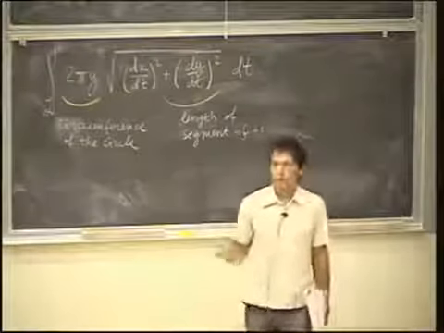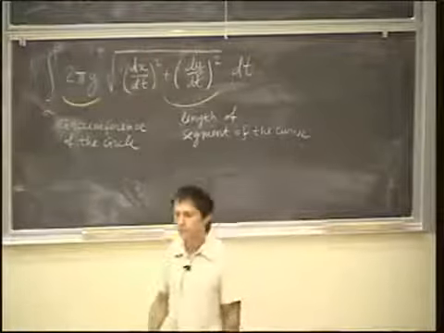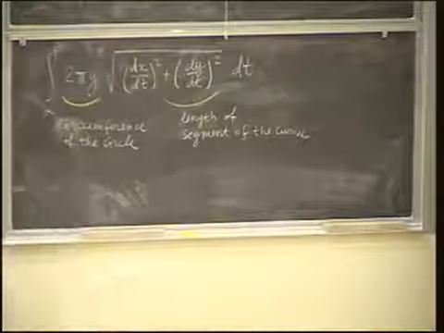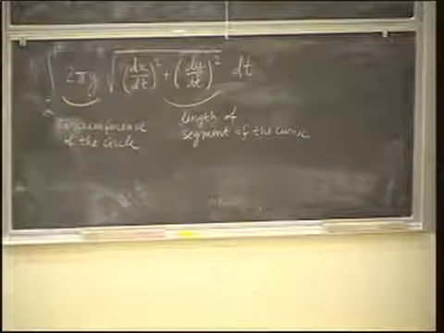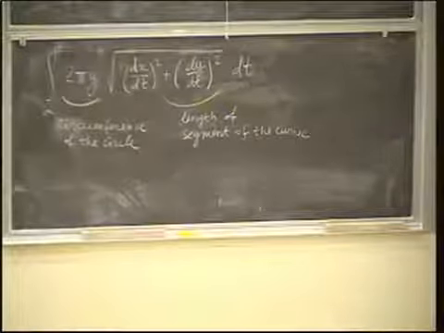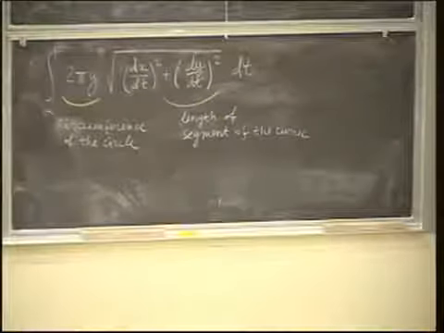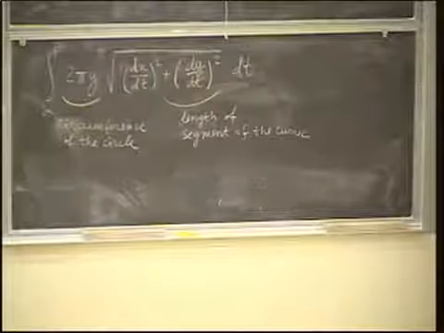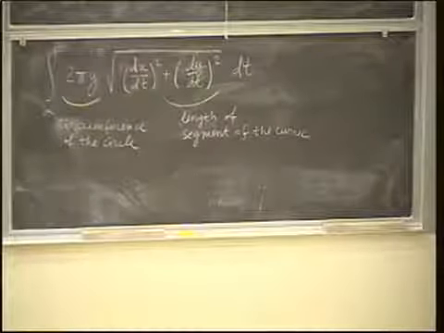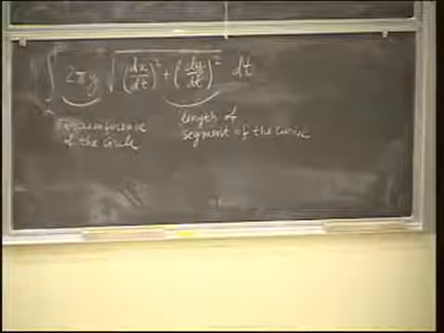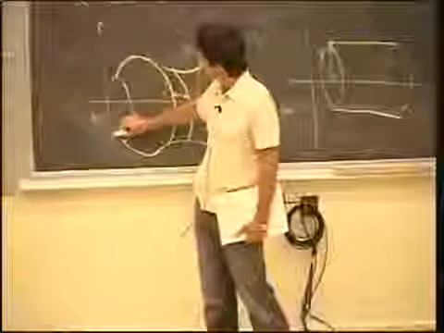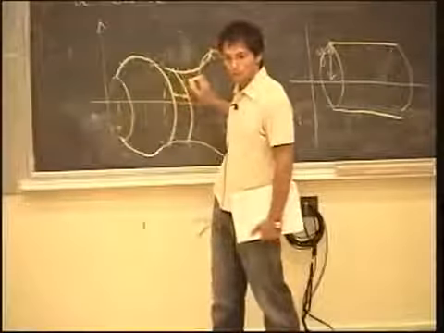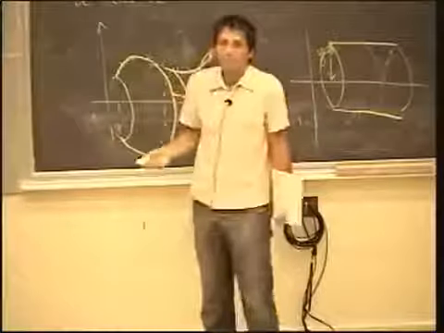Any questions about this? Yes? Would you have to add the areas of the sides? Do you have to add the top and bottom? Okay, good question. It depends on what is being asked. First of all, let me repeat the question. The question is whether in calculating this, we have to add the areas of the top and the bottom of this, right? So it depends on what is asked.